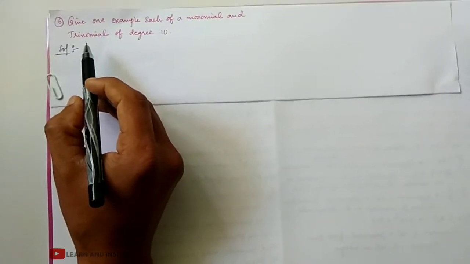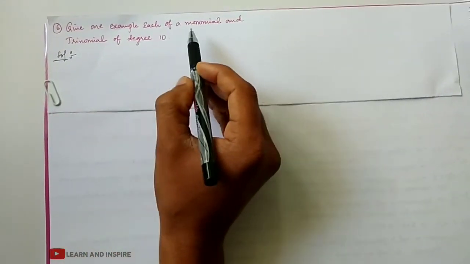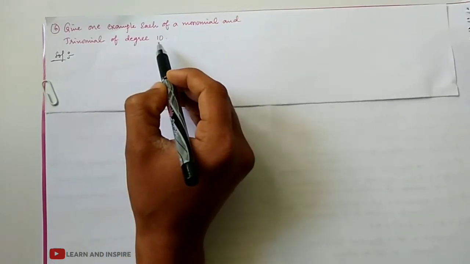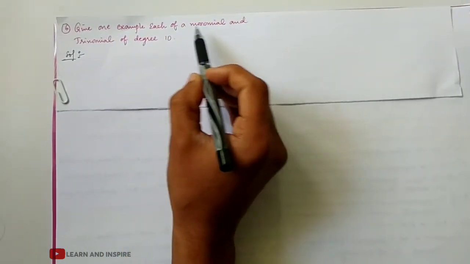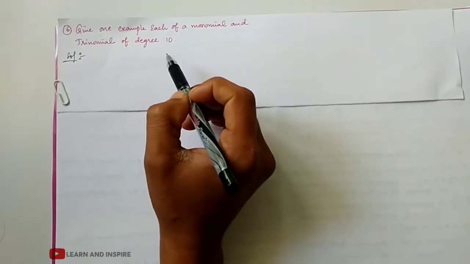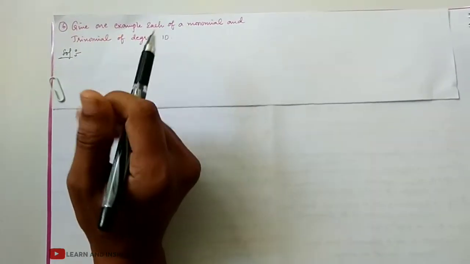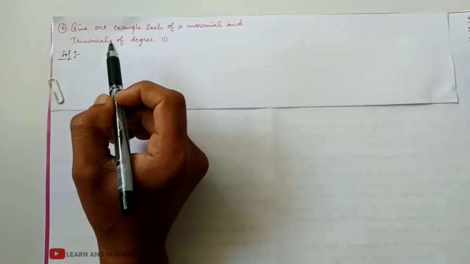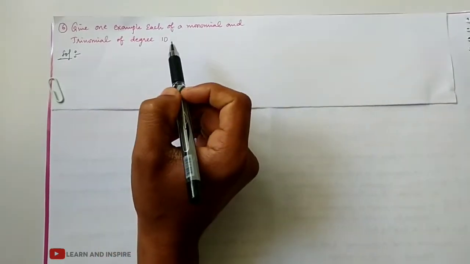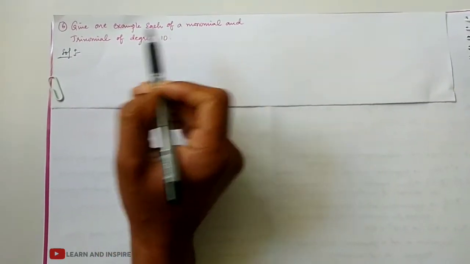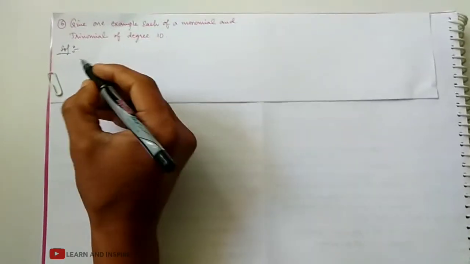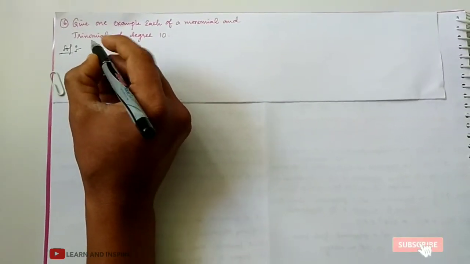Next question number 6. Give one example each of a monomial and trinomial of degree 10. Monomial is nothing but an expression with one term. Trinomial is nothing but an expression with 3 terms. So now we have to form a polynomial with degree 10 having one term and 3 terms. We can take one example with degree 10.